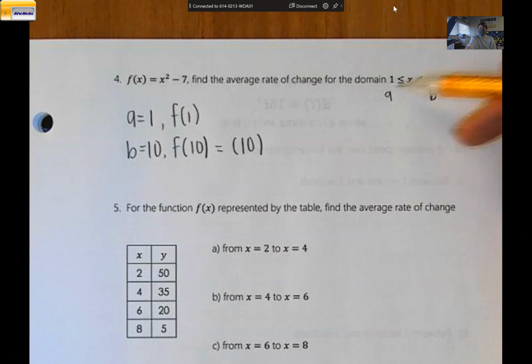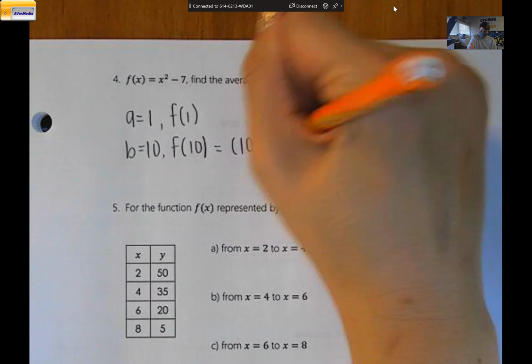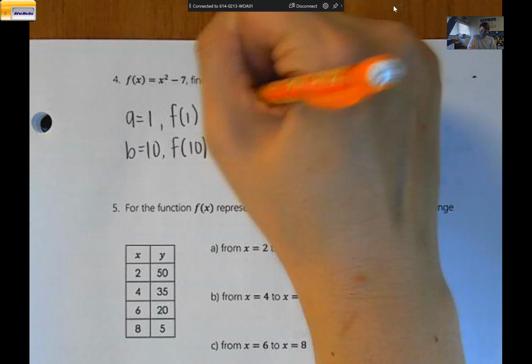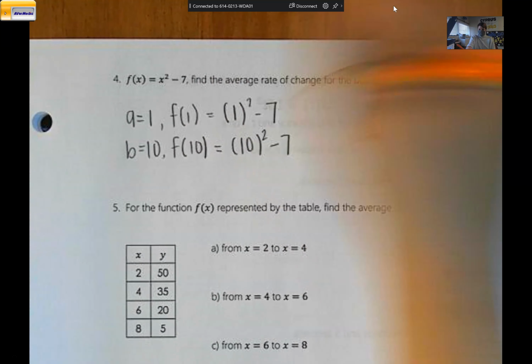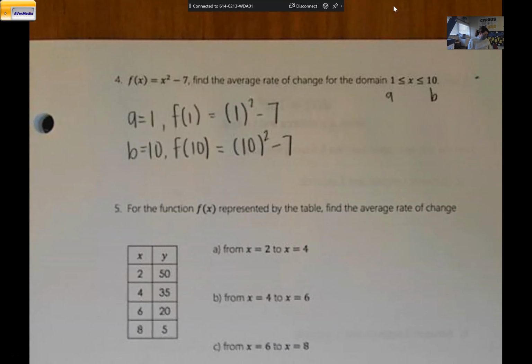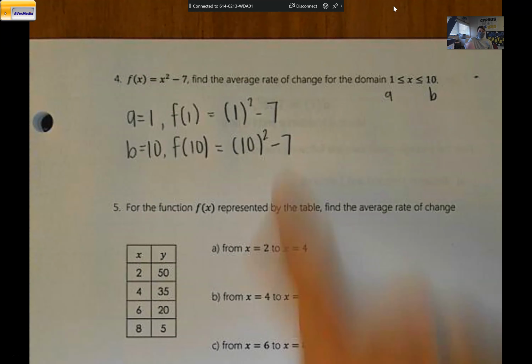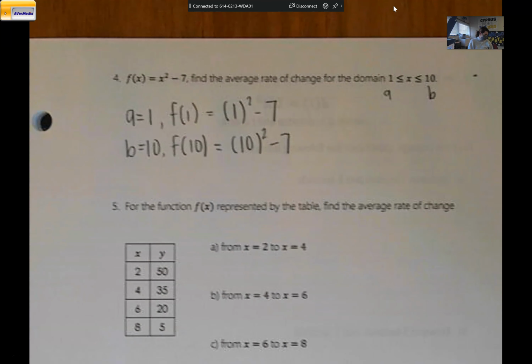Yeah, that's what your A and B is. You guys are plugging those in, yeah? Give about 20 seconds and then I'll check in with what you got on these. Not overall, but just on those.